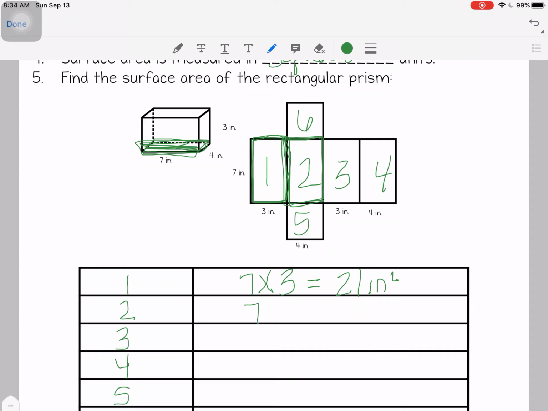It measures 7 by 4, which is 28 square inches. Number 3 is a 7 by 3 rectangle, and on our solid, it is its back. You notice that number 1 and number 3 are opposites, so they have the same measurements. So 7 by 3, which is 21 square inches.